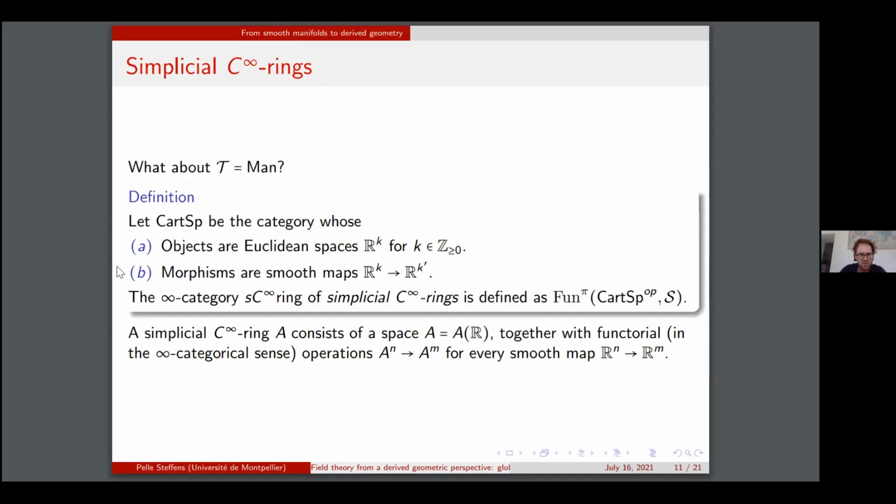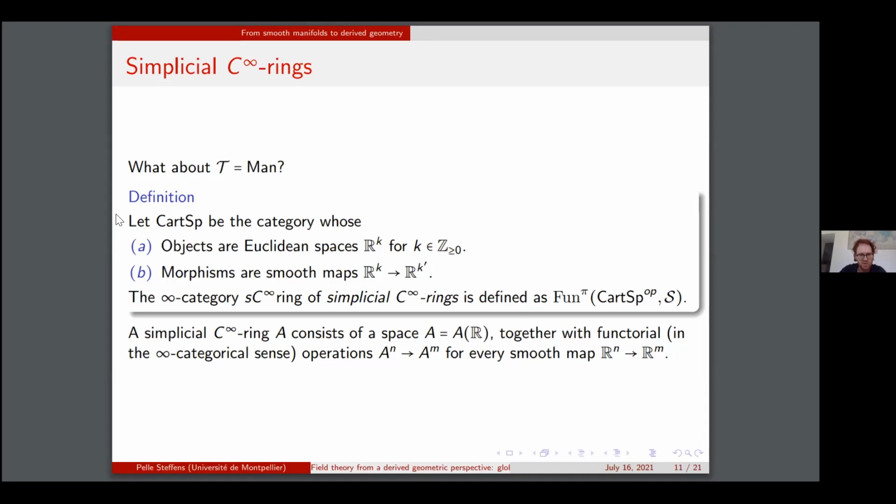Okay, so what happens for this other category? If we take manifolds where the good pullbacks are the transversal ones, well, we're going to obtain a similar sort of algebraic gadget, but this algebraic gadget will encode the smoothness of the objects we're supposed to be working with.